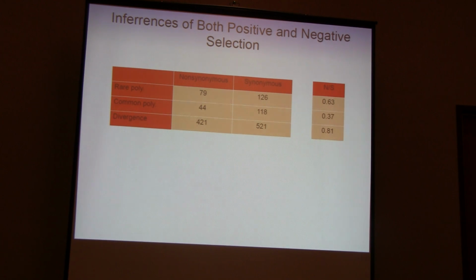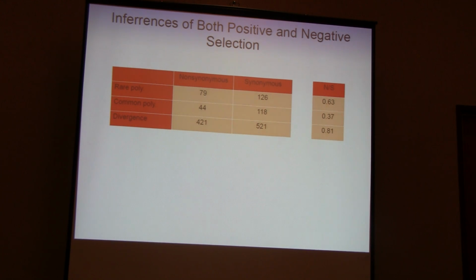A number of methods have been developed to simultaneously account for both deleterious mutations and adaptive substitutions. One of the ways in which this can be done is based on the fact that deleterious mutations have a tendency to be kept at low frequencies in the population.